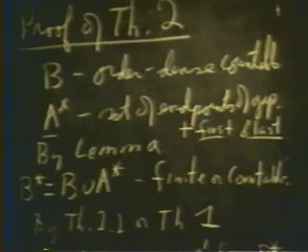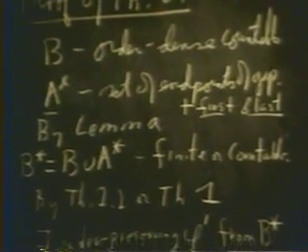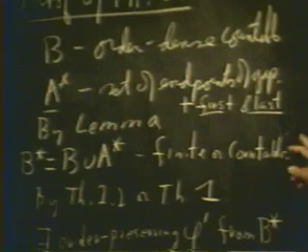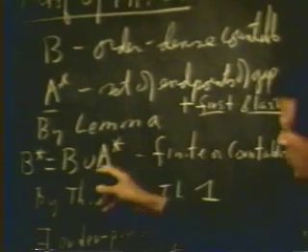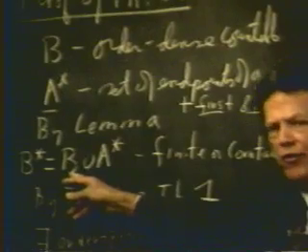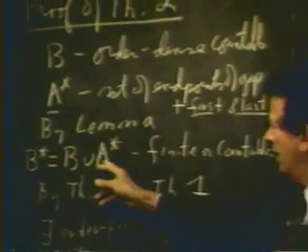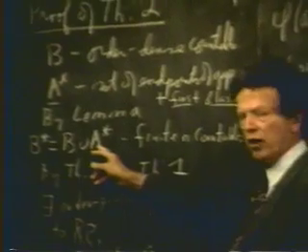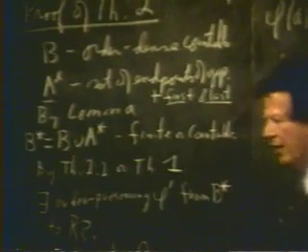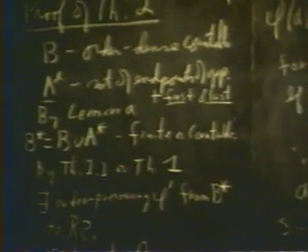By the lemma, the set B starred, which is B union A starred, is finite or countable. We know why, again, because B is by hypothesis countable or finite, and so by lemma 1 is A starred. And the union of two such sets is again finite or countable.